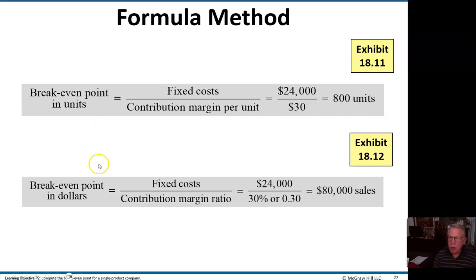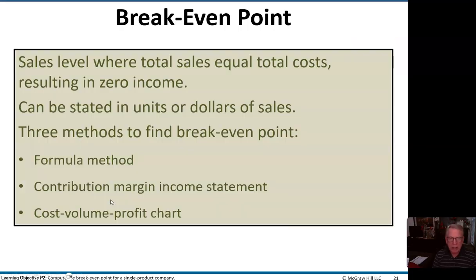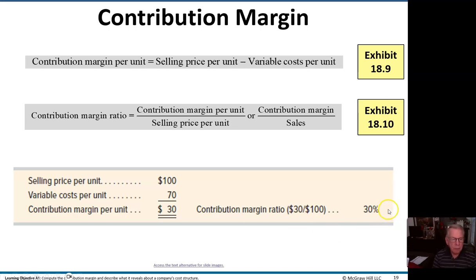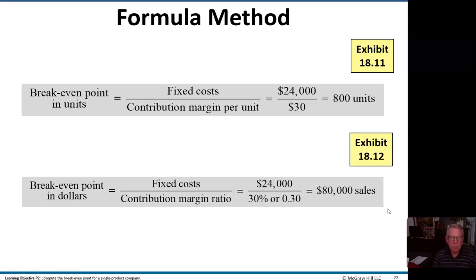Sometimes, however, we want to find the break-even point in dollars. To do that, we again divide fixed costs, but this time by the contribution margin ratio that we just calculated on this slide. And that gives us $80,000 of sales.